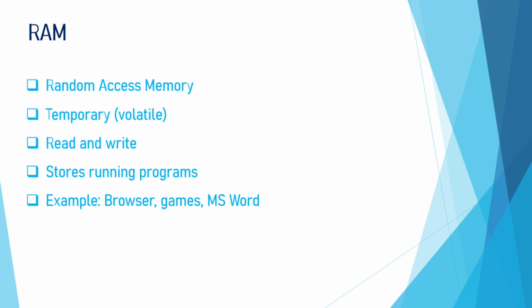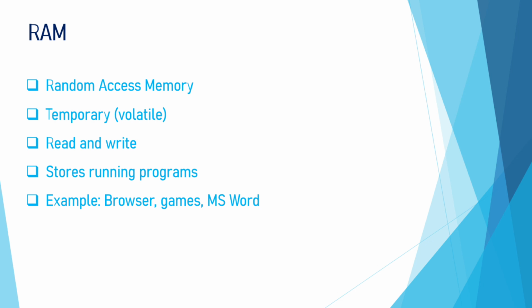RAM. RAM stands for random access memory. Random access memory temporarily stores the data and programs currently being used. The app which we are using, and the data or the programs related to that particular app, are temporarily stored in the RAM.